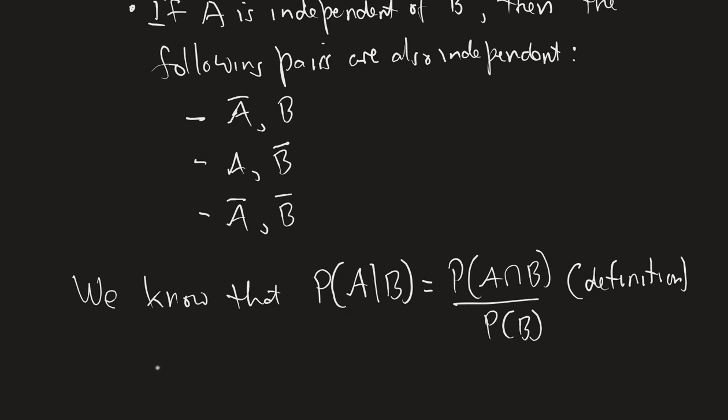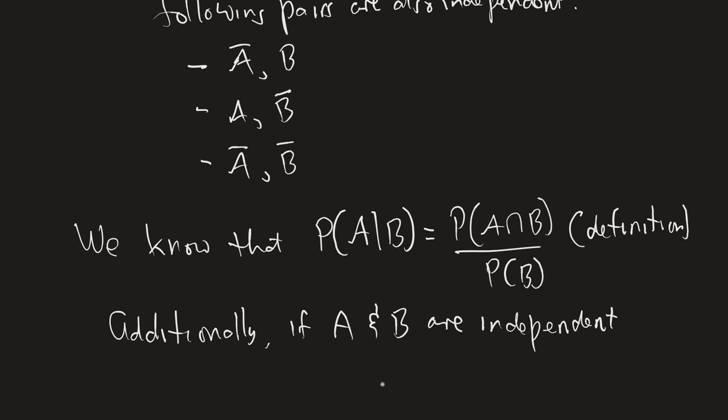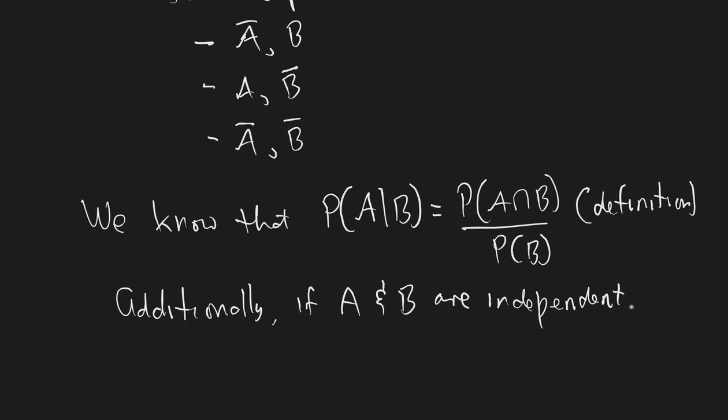So now, additionally, if A and B are independent, so this is an added condition now that we know, right? So if A and B are independent, then let's write that definition down.